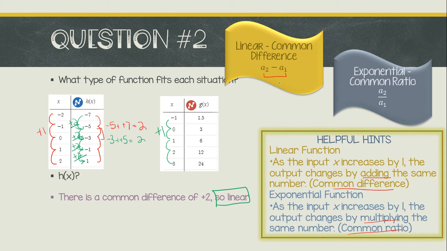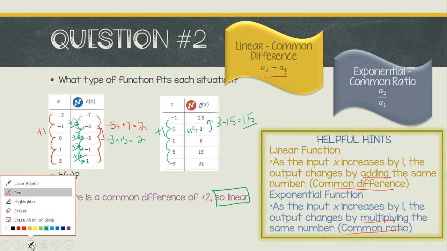So when I go to look for my common difference, if I start here at my second term and I look back at that first term, 3 minus 1.5 would give me 1.5. Well, if I tried to take that 1.5 and add it to 3, that doesn't give me 6, does it? Because 3 plus 1.5 gives me 4.5, so that's not going to work. That's why I know it's not linear.